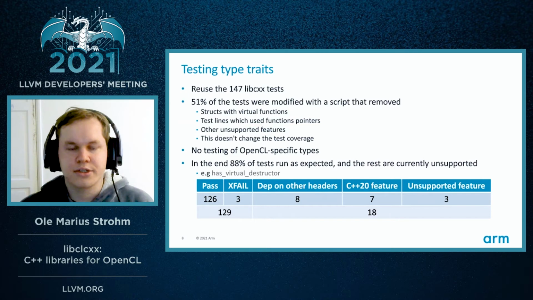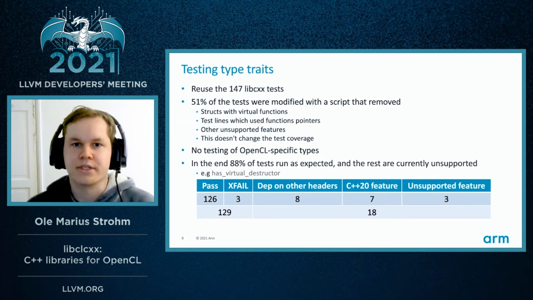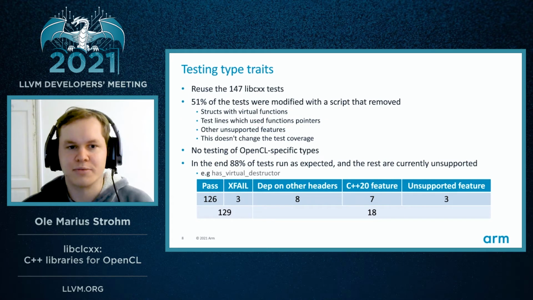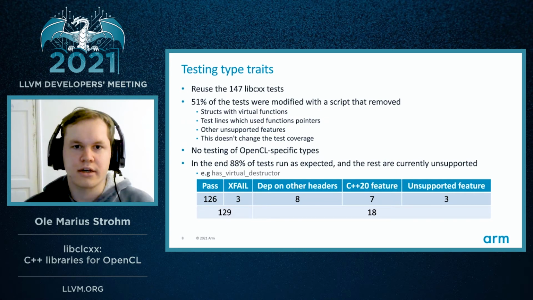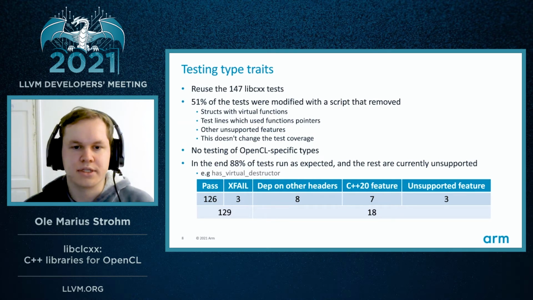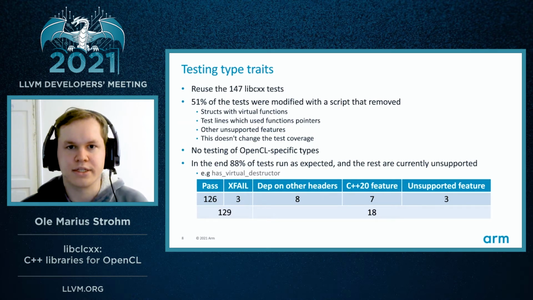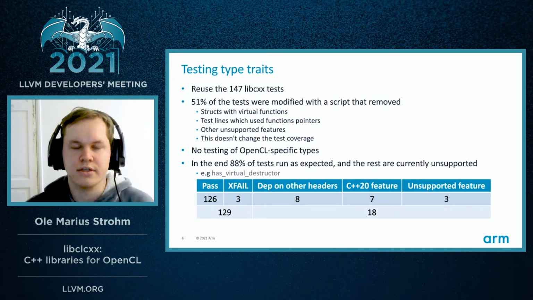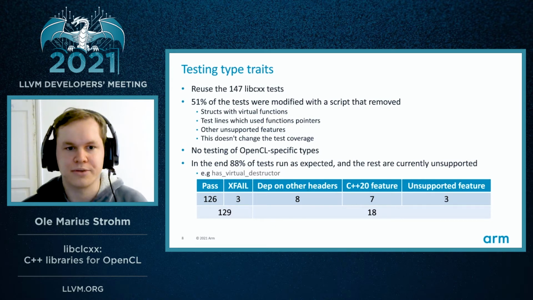However, this doesn't change the test coverage because it only removes things that a user of libcxx C++ for OpenCL could not use anyway. However, since I wasn't doing any modifications of the library or test currently, I did not add any OpenCL-specific tests, which means that I wasn't testing OpenCL types in the type traits functionality.